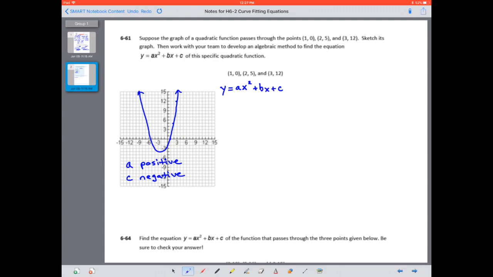Because our y-intercept is down below here. a is positive because it opens up. So we're going to take this and solve this. We're going to have to find the values of a, b, and c. So since we have three variables, we're going to need three equations.